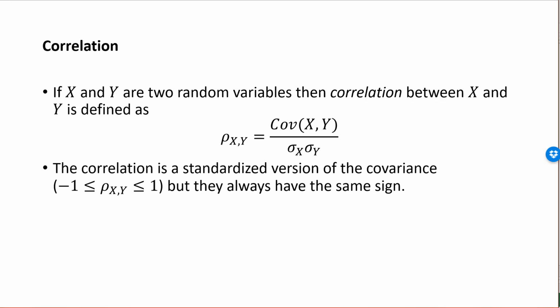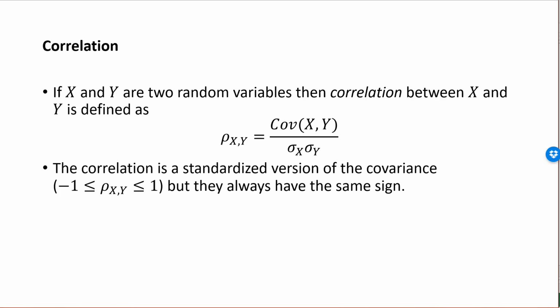So we have this result that the correlation is always between -1 and 1. And we have the result that the covariance and the correlation will always have the same sign, and that's because the denominator in this ratio must always be positive. We do not define the correlation if either the x random variable or the y random variable has no variance.